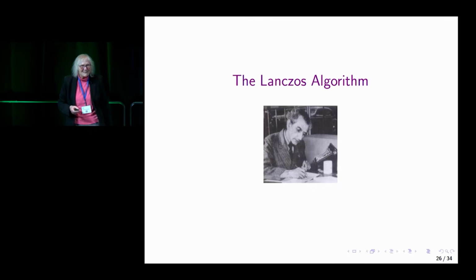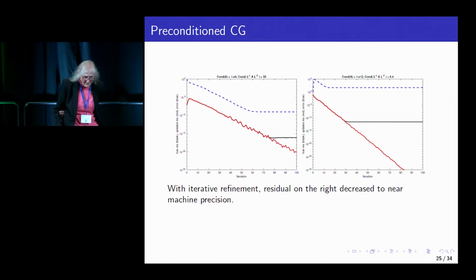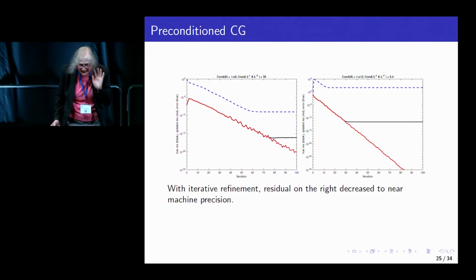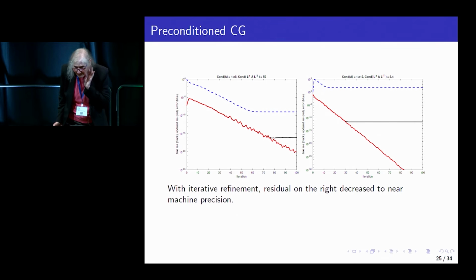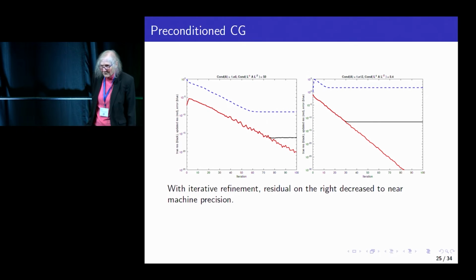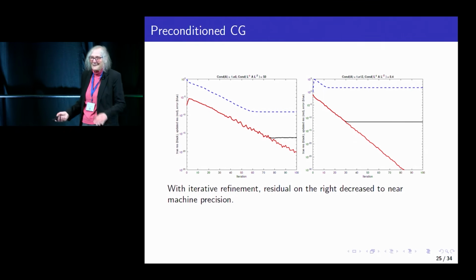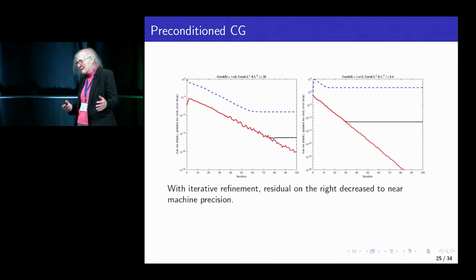Question. Yes? At each step of iterative refinement, you do another CG, correct? Yeah, the big thing is you recompute the true residual.